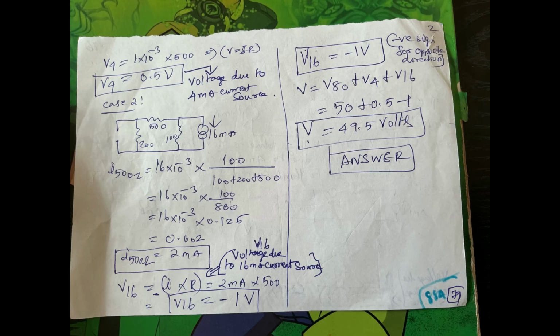Apply the current division rule, which I explained in previous classes. I500 is found in the case 2 circuit to be 2 milliampere.